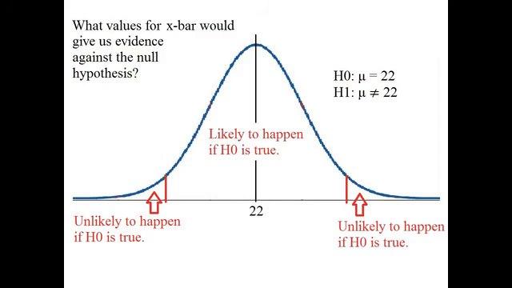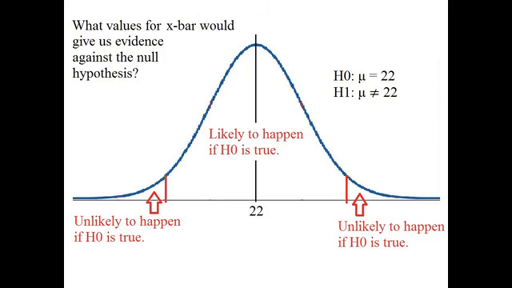But this time, anything that is too big or anything that is too small would be unlikely if Aunt Mary Grace is correct. So we've got a confidence interval in the center for the values that are likely to occur, and values in both tails that would be unlikely to occur if Aunt Mary Grace is correct and the null hypothesis is true.